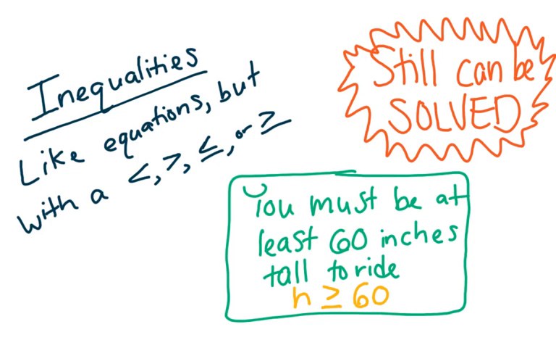In other words, in order to ride, you could be 60 inches exactly, or 60 and a half inches, or maybe 62 inches, or maybe even 70 inches. Now you can see a real-world example of an inequality in use.